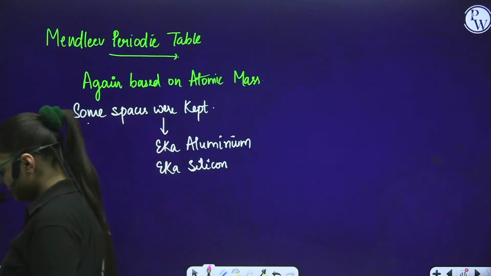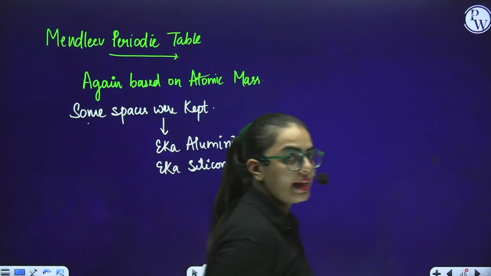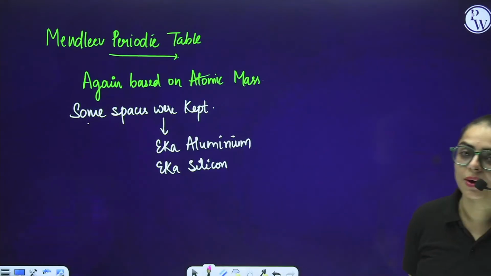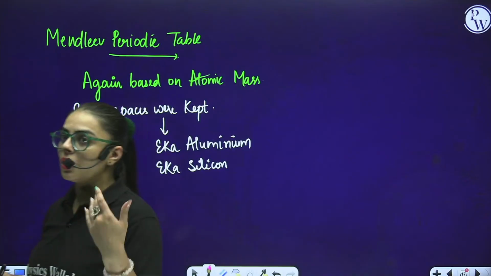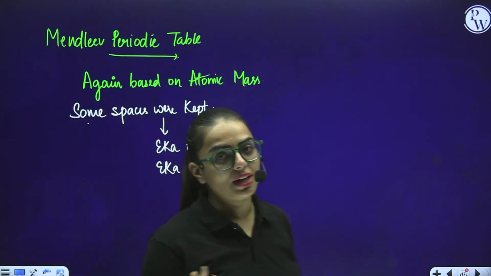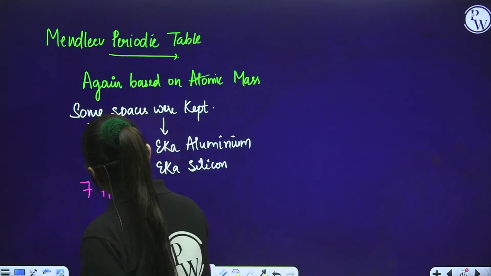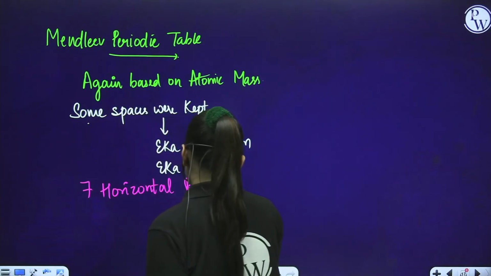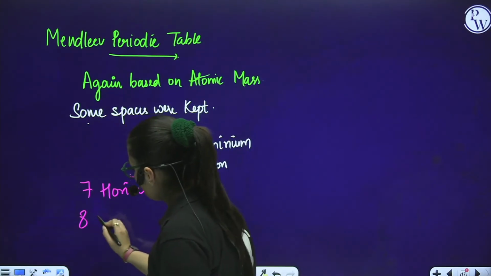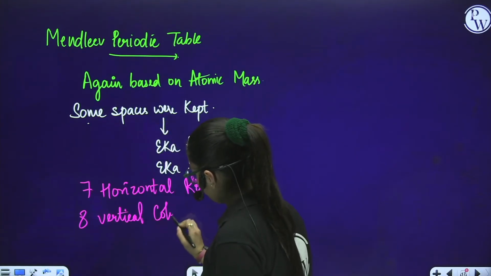Okay. And yes, students, they gave 7 horizontal rows. Now, I already told you that you will be familiar with the terms rows, columns, periods, groups, all of that. So they basically gave 7 horizontal rows and 8 vertical columns.